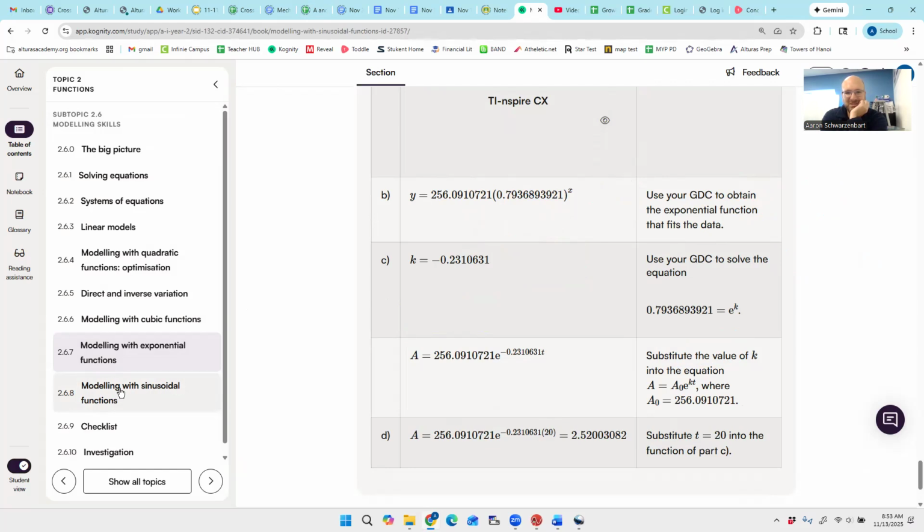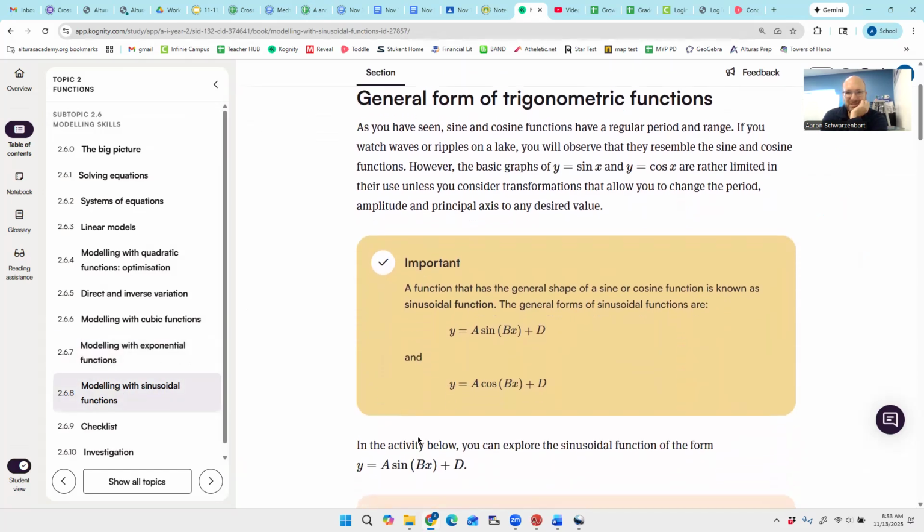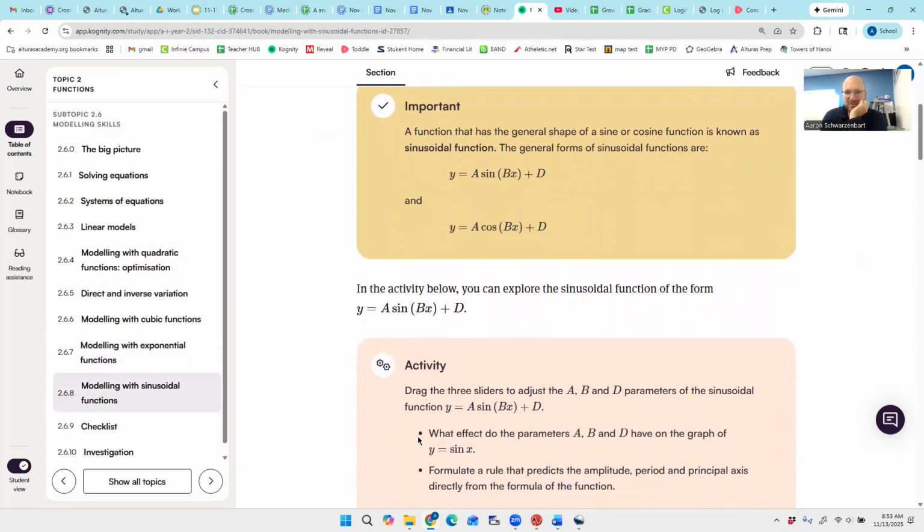Modeling with sinusoidal functions. So, the general form of a trig function. I often write them like this, where D is my center line or principal axis.